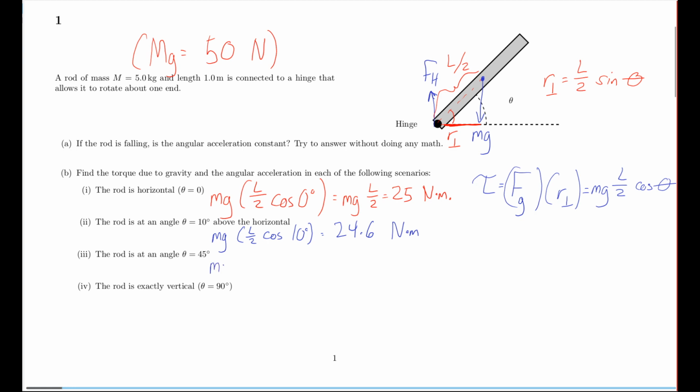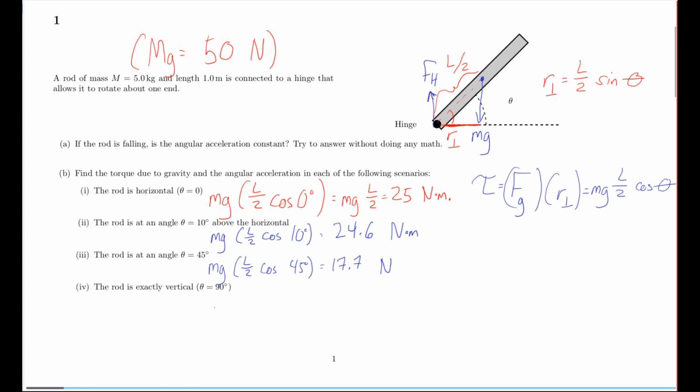Again, I'm just putting in the different numbers. mg times L over 2 cosine 45 degrees, that's going to be 17.7 newton meters. And finally, if it's vertical, this is going to be mg L over 2 cosine 90 degrees, which is 0, which is what you expect. If it's straight up, it's going to be balanced.